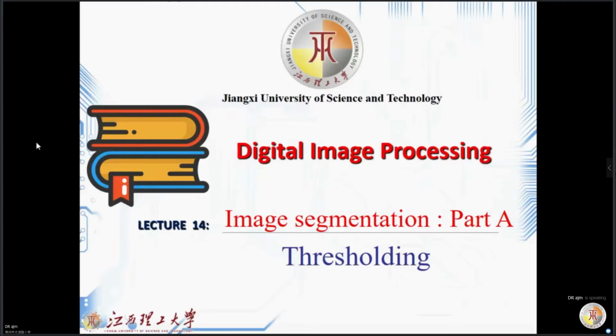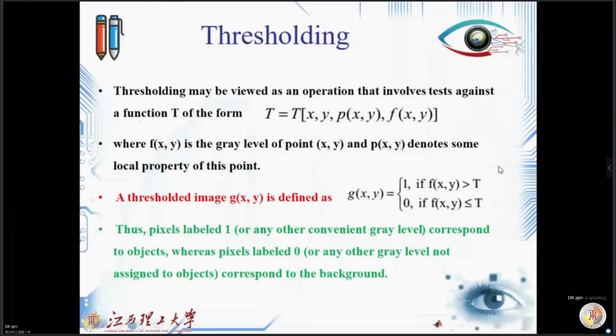But another concept in image segmentation is thresholding. Thresholding may be viewed as an operation that involves a test against a function T of the form T(x, y, p(x, y), f(x, y)), where f(x, y) is the gray level of point (x, y) and p(x, y) denotes some local property of this point.